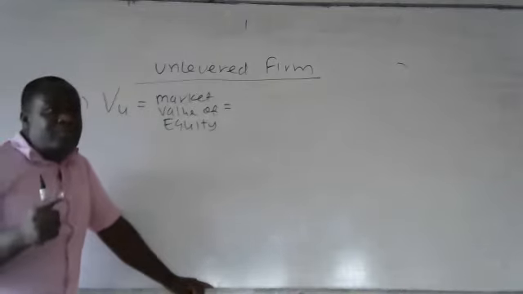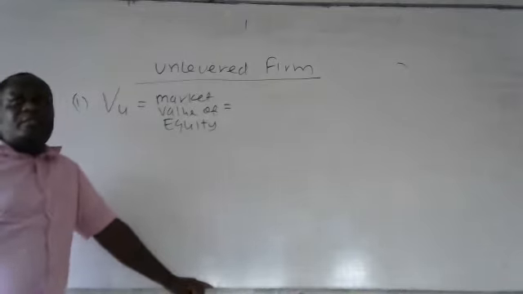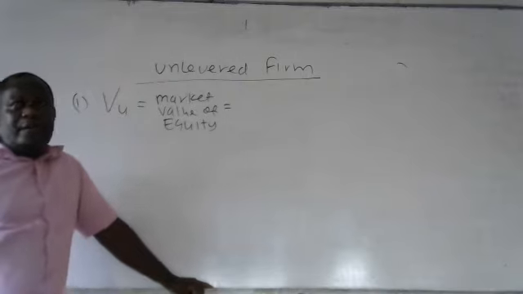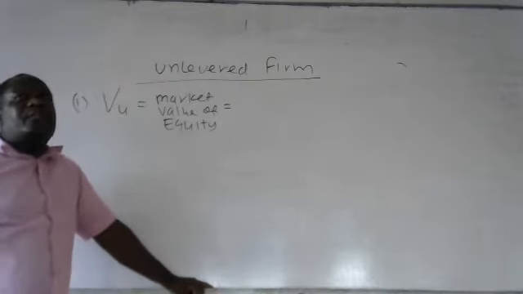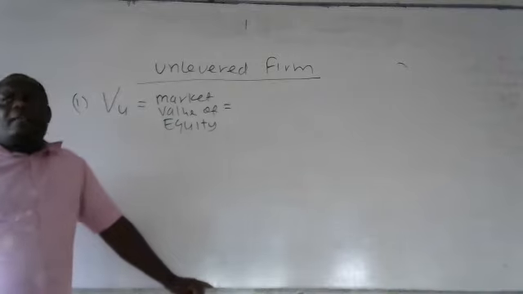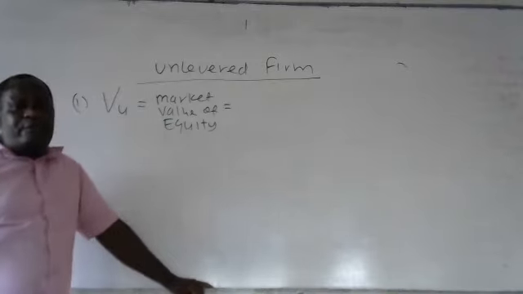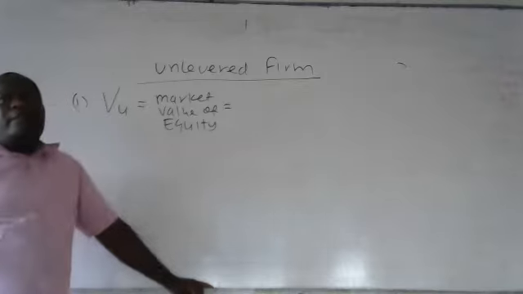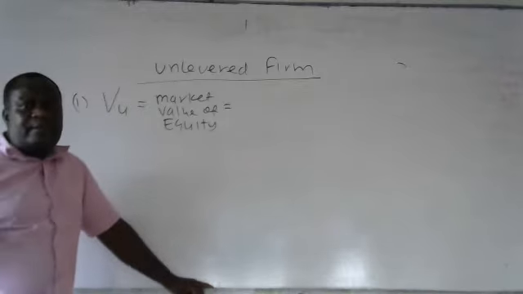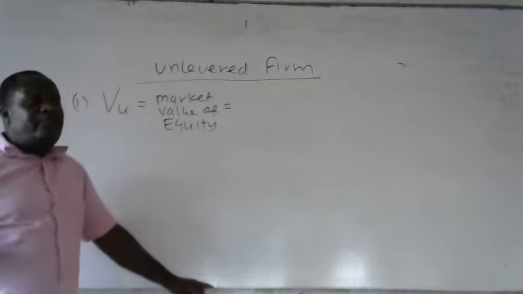But this time round, the question has not given us KEU, the cost of equity for unlevered. In that scenario, we cannot use the formula of earnings before interest and tax, times 1 minus the tax rate, divided by KEU.